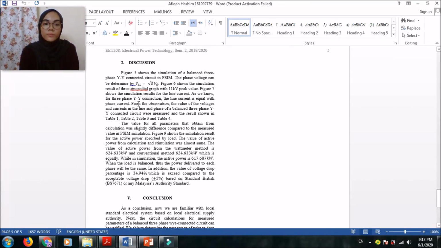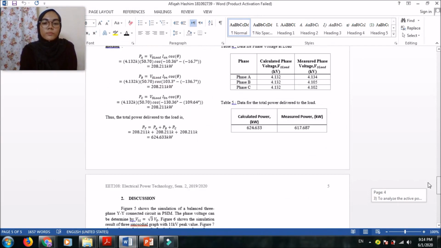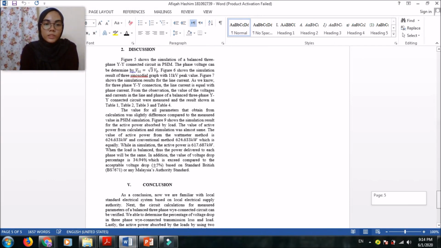From the observation, the value of voltage and current in the line and phase of the balanced three-phase wire connected circuit were measured and the results shown in Table 1, Table 2, Table 3, and Table 4, as shown before in this table. The value for all parameters obtained from the calculation was slightly different compared to the measured value in PC simulation.